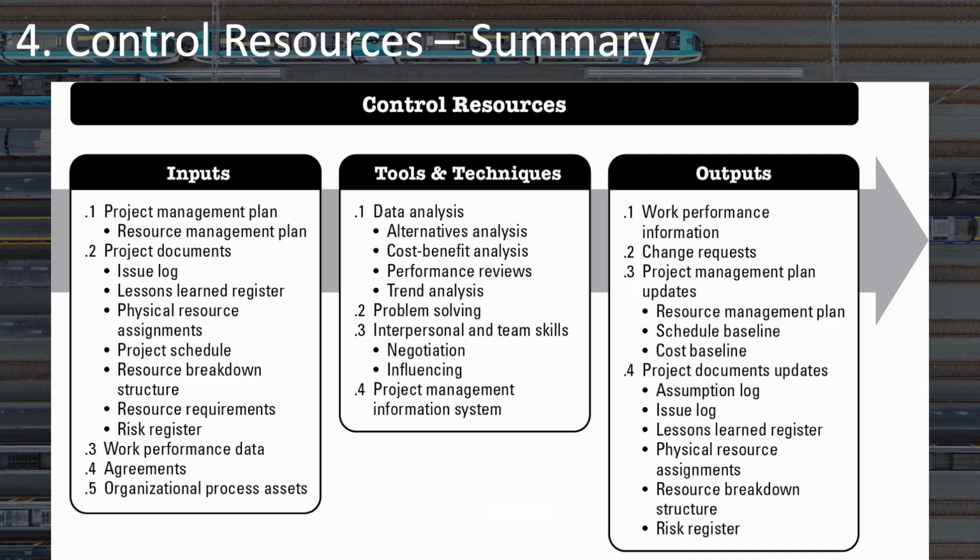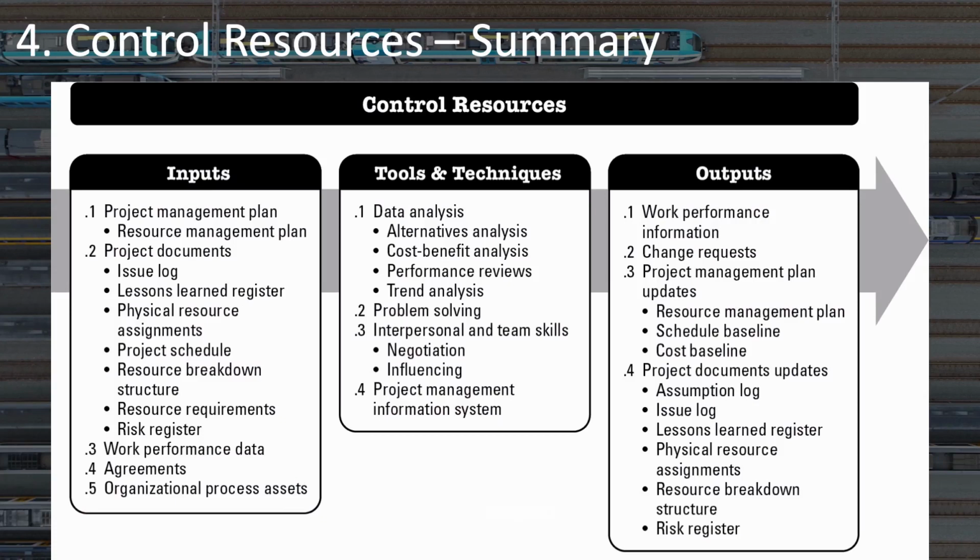The main tools that you'll use to combine and evaluate all this data is data analysis, in which you generate performance reviews and trend analysis, consider alternatives, and use cost-benefit analysis to evaluate those alternatives. Using problem-solving skills, especially a methodology or a structured approach.